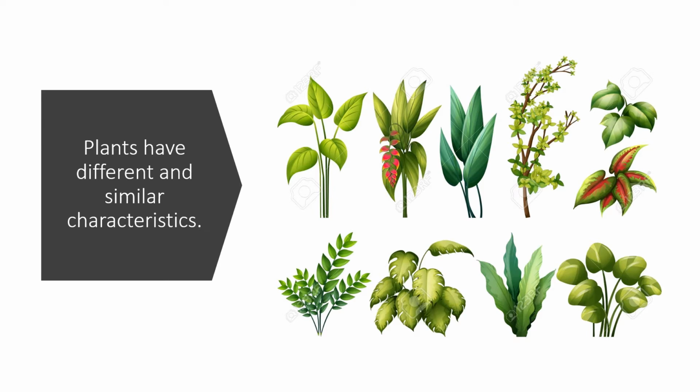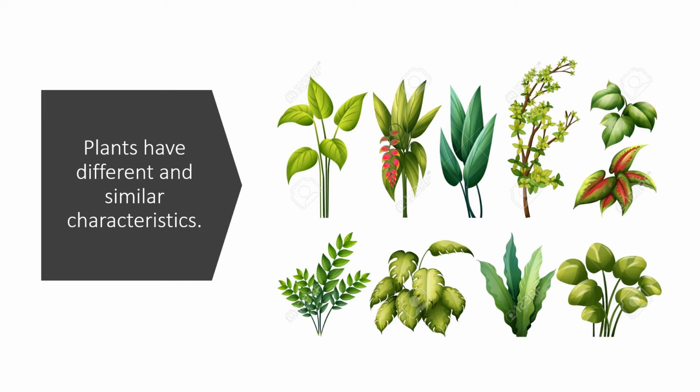Plants have different and similar characteristics. There are about 5 million species of plants in the whole world. Most of the plants have stems, roots, and leaves. Many have flowers, but not all of them.